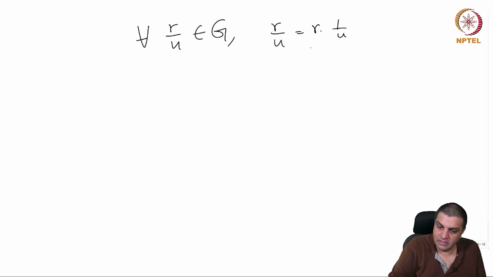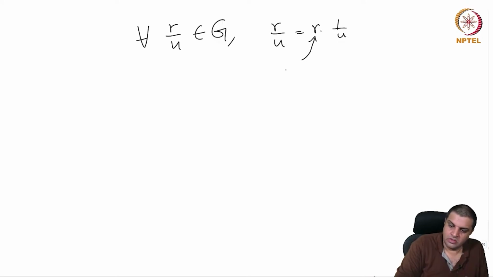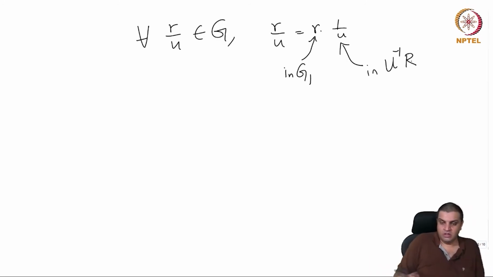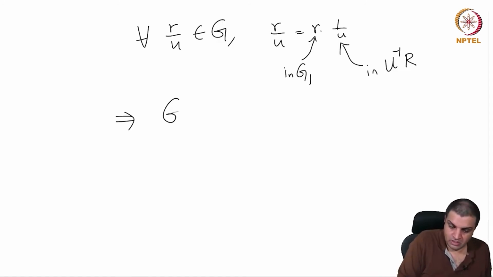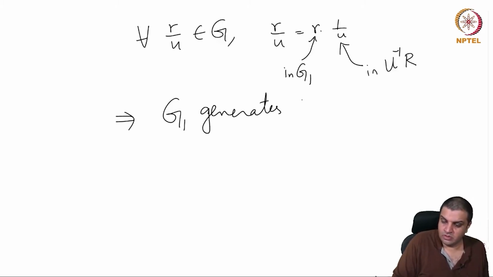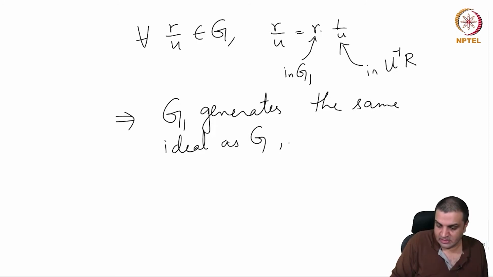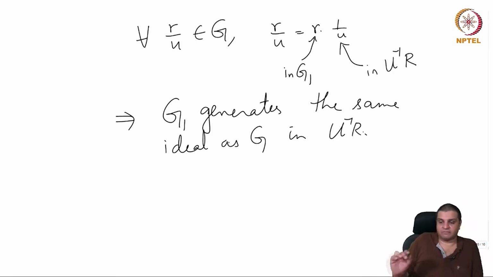So this is an element inside G1, and this is an element in U inverse R. So in other words, G1 generates the same ideal as G, that is, G1 generates the same ideal as G in U inverse R, after localization.